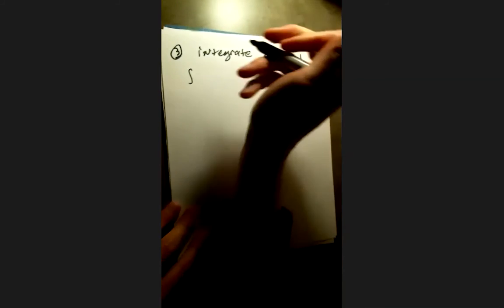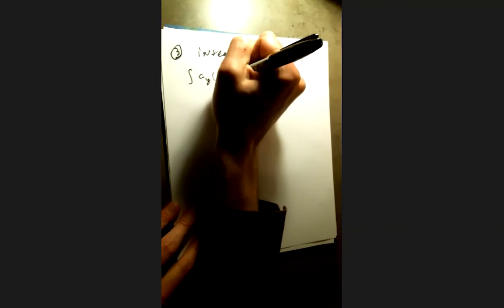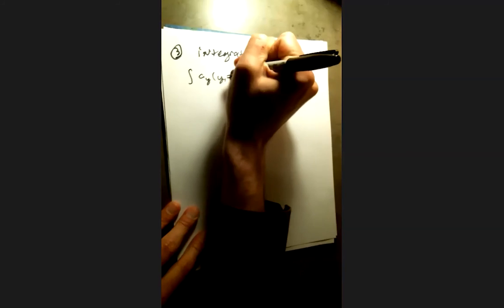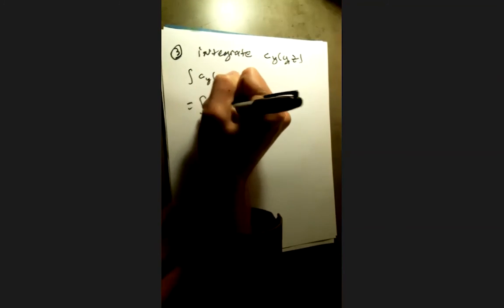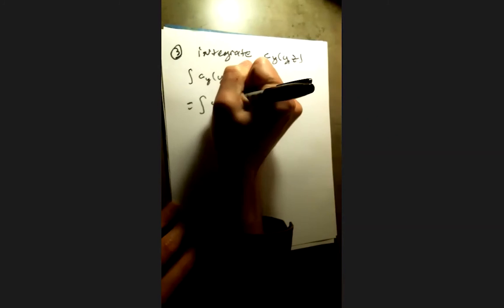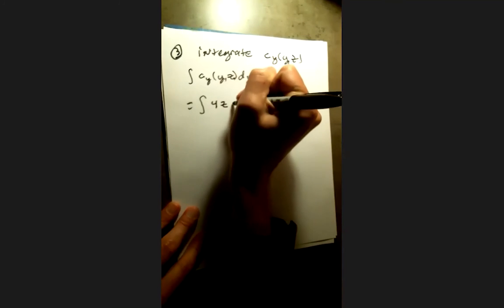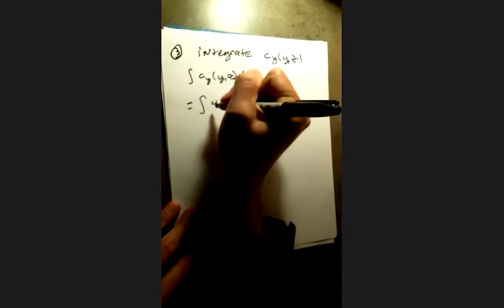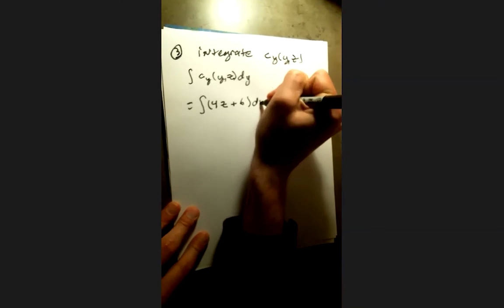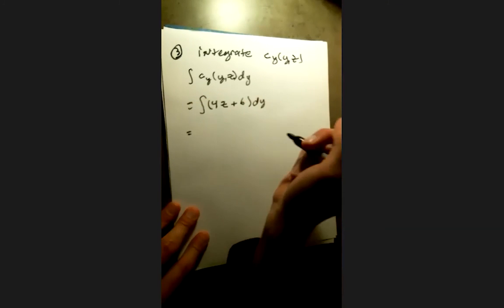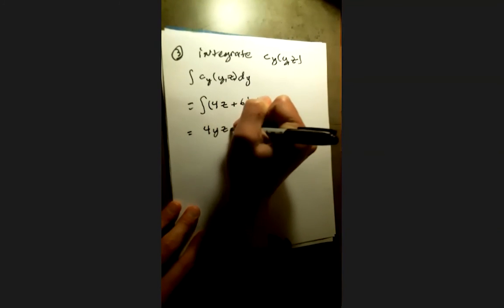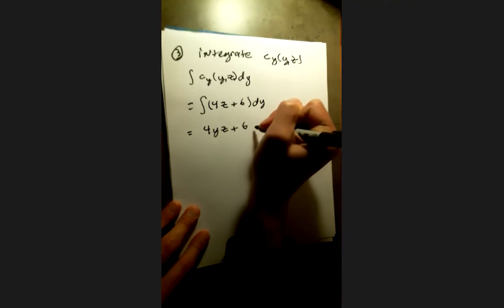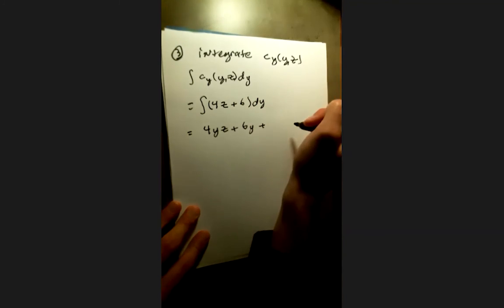So the integral of cy will be the integral of 4z plus 6 dy, which would be 4yz plus 6y plus a constant.